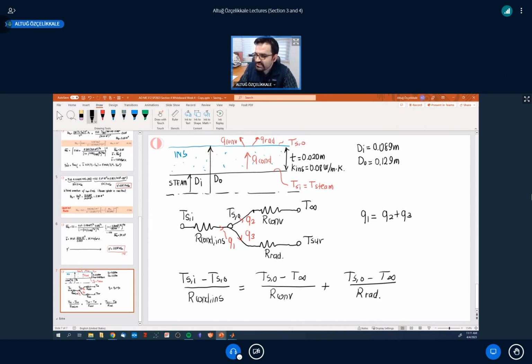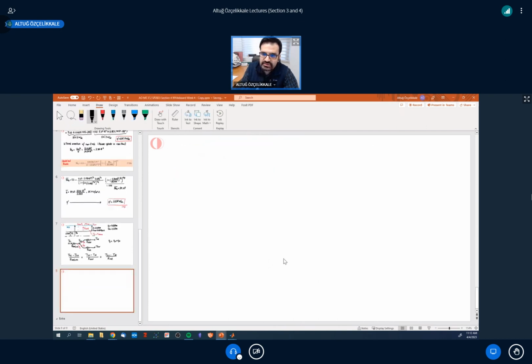But the situation is not as simple because the radiative heat transfer is actually a nonlinear function of temperature. So let's write down the individual resistance terms to actually see that. Remember, that's a cylindrical shell.